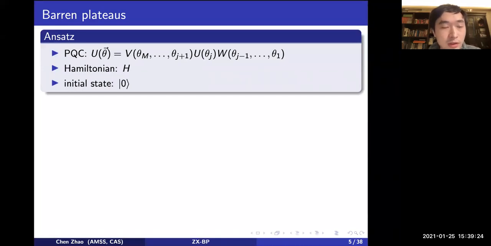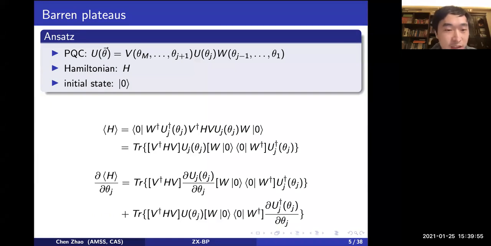So let me briefly introduce the barren plateau phenomenon. Let's consider the ansatz, the parameterized quantum circuit U theta, a Hamiltonian, and an initial state.